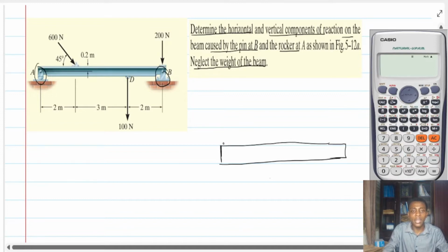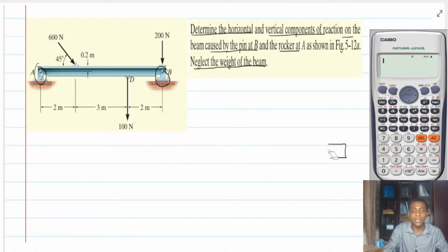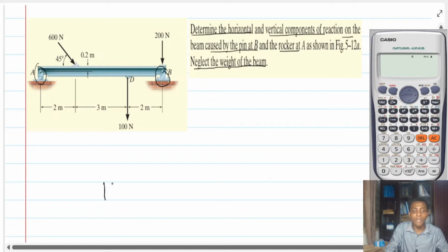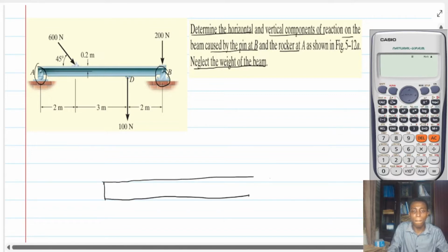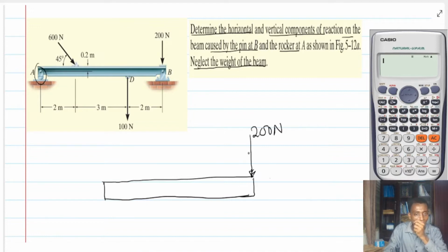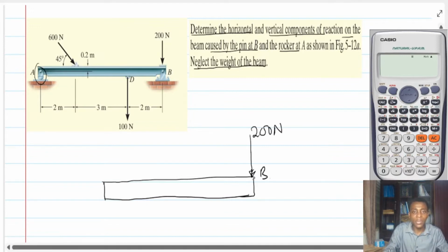Let me bring it here. So I have a beam right here. And then there is this load of 200 newtons coming downwards, 200 newtons. And that is at point B.